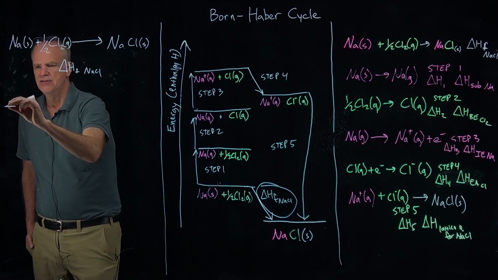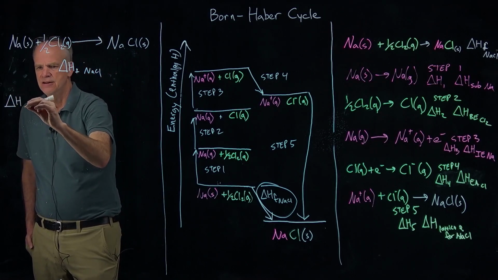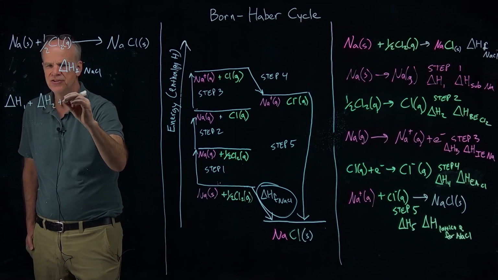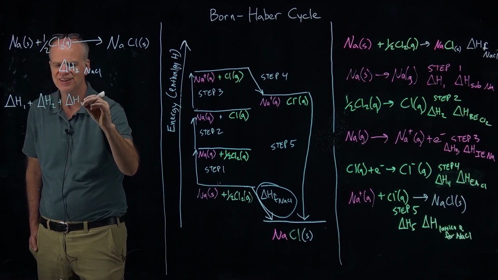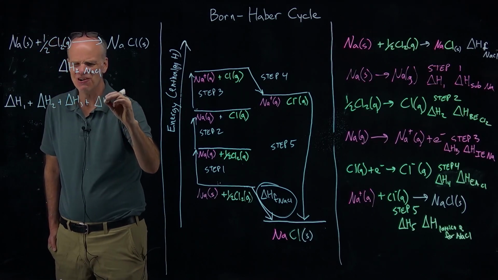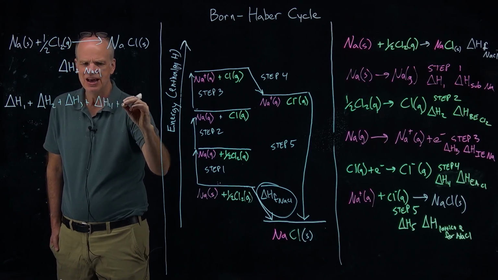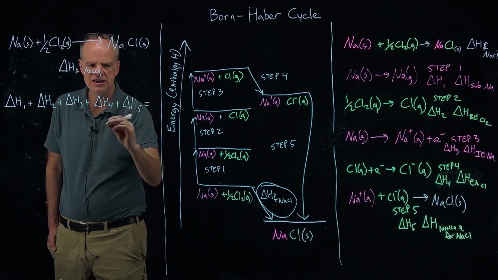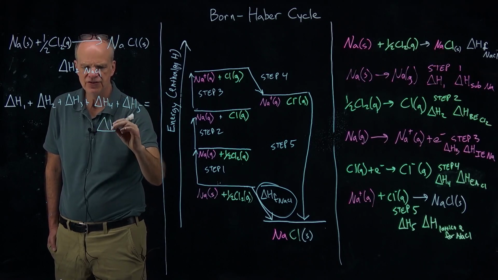So the enthalpy of step 1 plus the enthalpy of step 2 plus the enthalpy of step 3 plus the enthalpy of step 4 plus the enthalpy of step 5 should be equal to the change of enthalpy of the formation of sodium chloride.